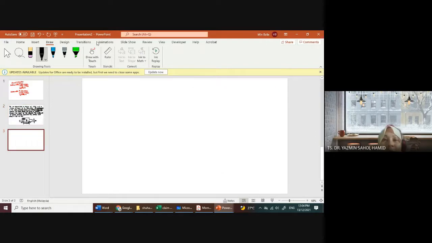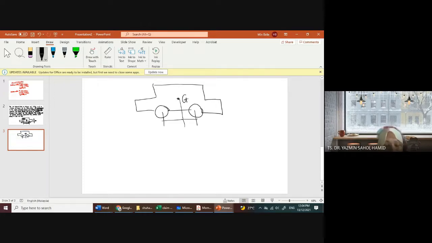Saya lukis balik kat sini supaya nak buat calculation kat sini ada ruang. Okay. So ni G dia. Okay. Lukis balik. Okay, ni berapa?